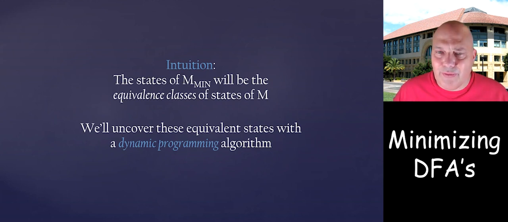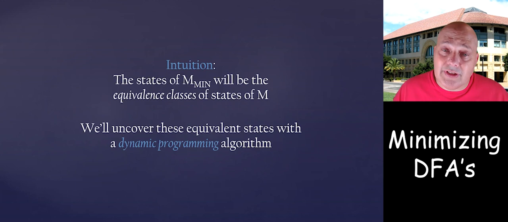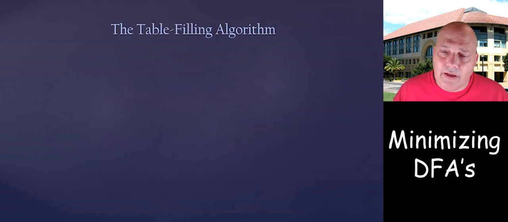So the first thing we're going to discuss is this dynamic programming algorithm and the properties that it has. We call this algorithm the table filling algorithm, which I think is a good name for most dynamic programming algorithms.